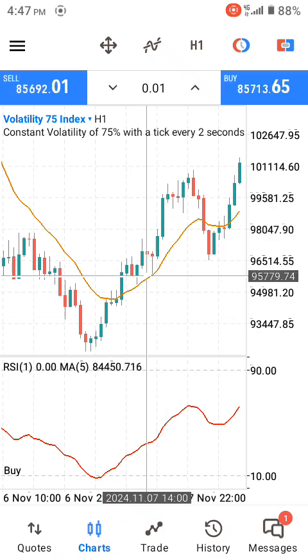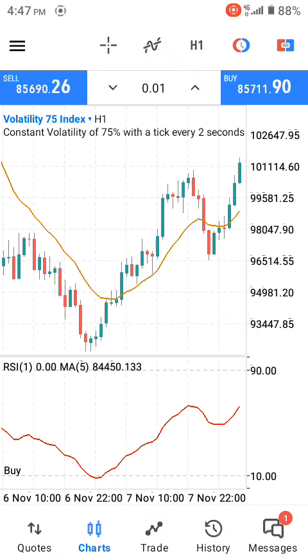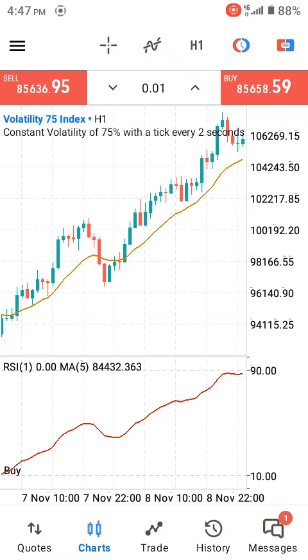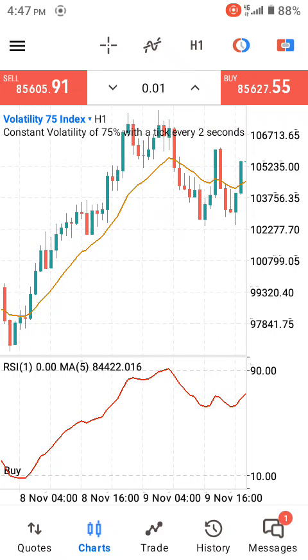Then you put a stop loss according to how much you are willing to risk, but also make sure that your stop loss gives the trade enough room to run. So don't put a very tight stop loss. Then for the TP you just put it as open, because these markets trend very much, and we are looking to ride the momentum.